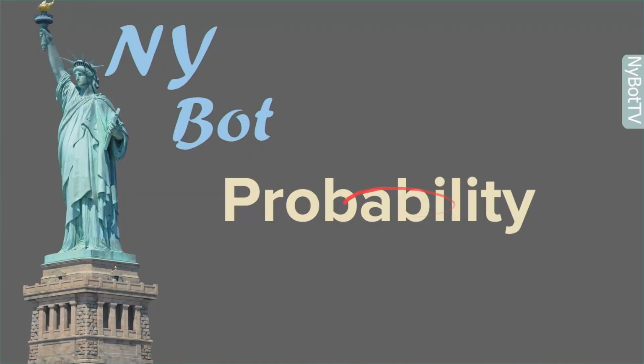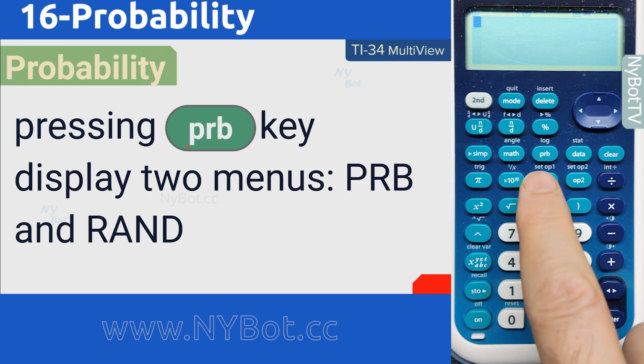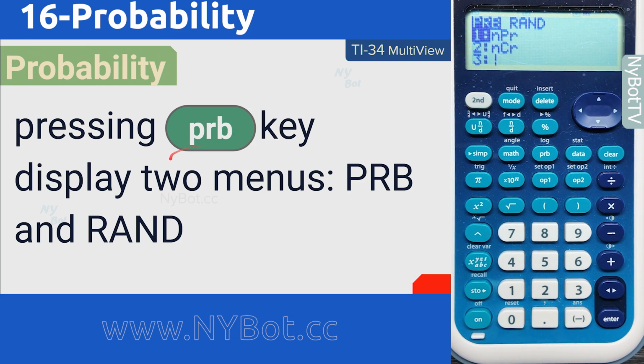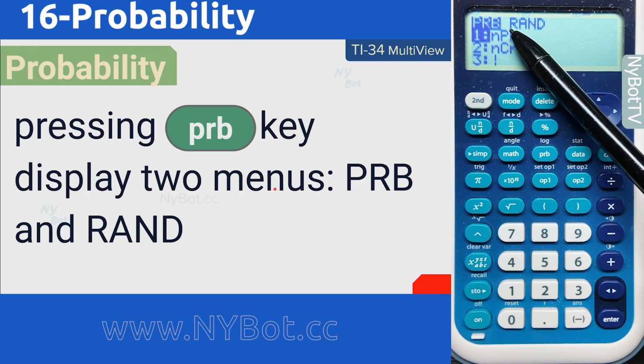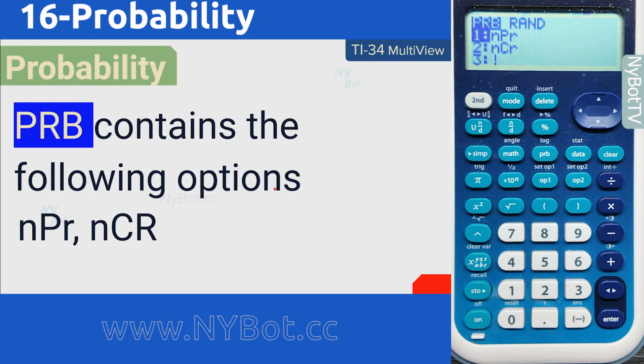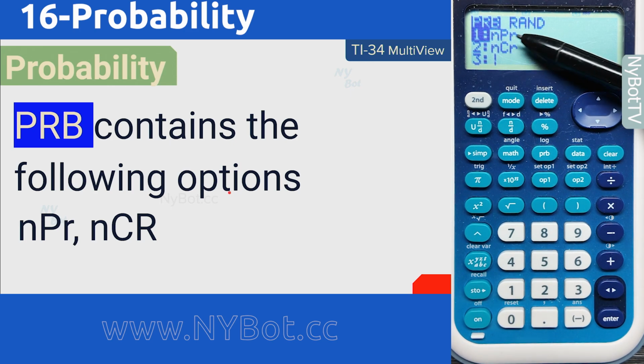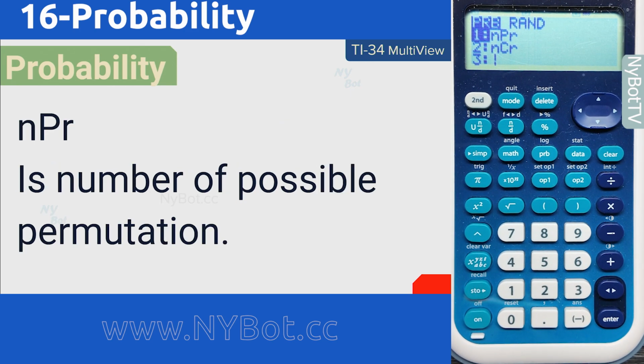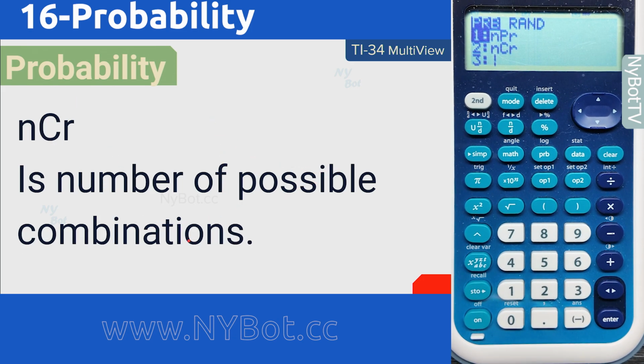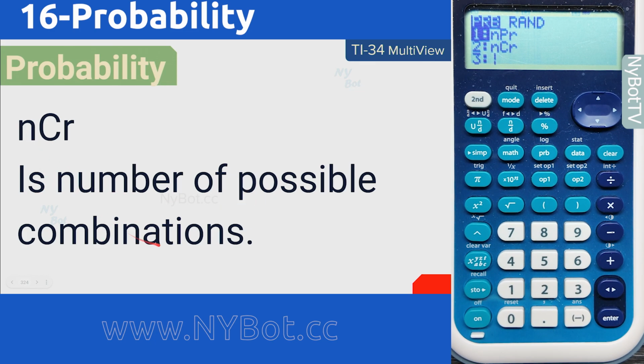Now let's have a look at the probability features of this calculator. When we press PRB, the calculator displays two menus, PRB and RAND. PRB contains the following options: nPr, nCr, and the factorial. nPr is the number of possible permutations, and nCr is combination.